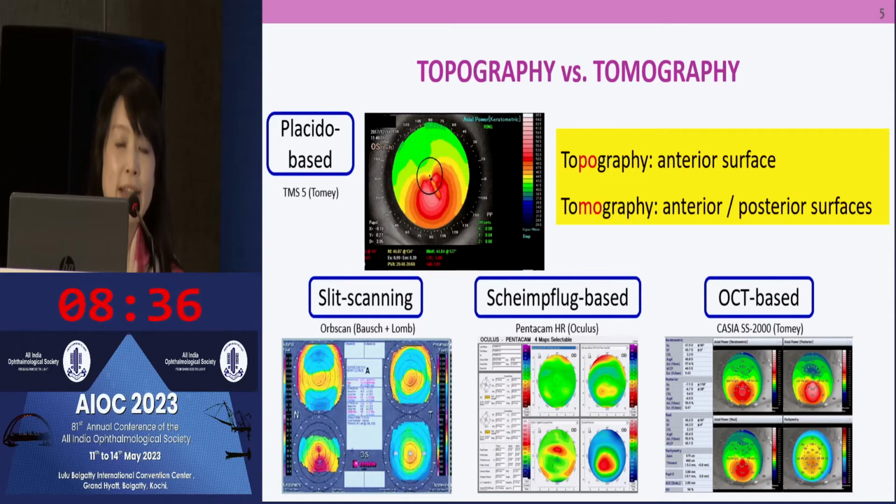Currently, even when tomography-based imaging techniques are used to obtain the corneal shape images, sometimes people say corneal topography was used. In this way, recently corneal topography is used to mean corneal shape imaging. I'd like to mention this just in case.